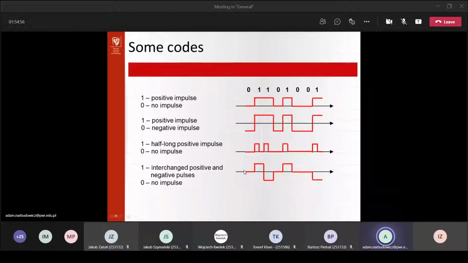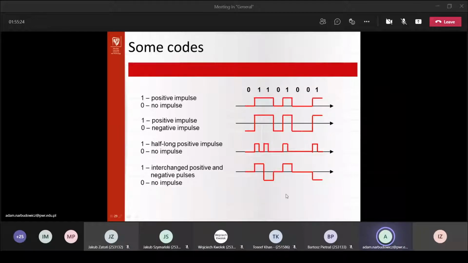So your alphabet in that context has no voltage, positive voltage, and negative voltage. So your alphabet is from three letters. So theoretically, you can be tempted to use this as a three-state transmission, and then as we mentioned earlier, that would allow you to transmit more information, right?